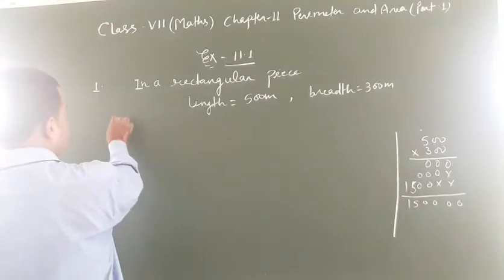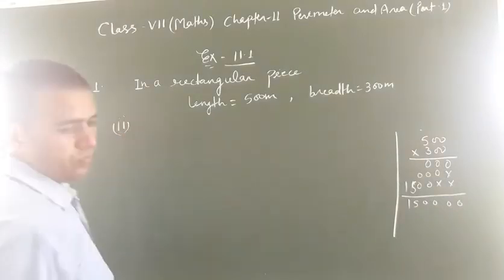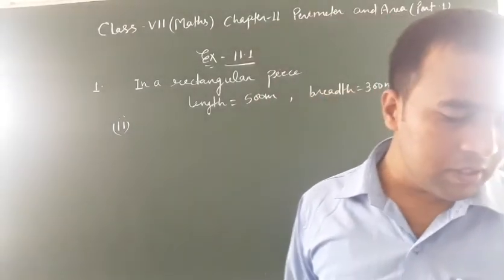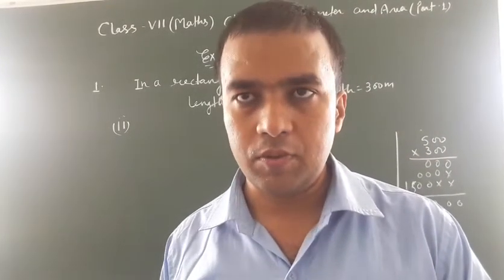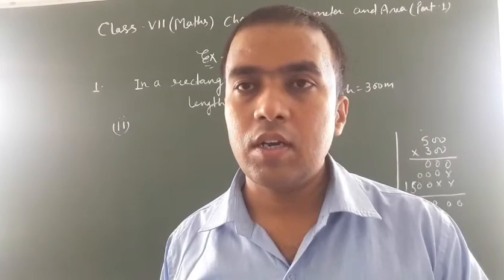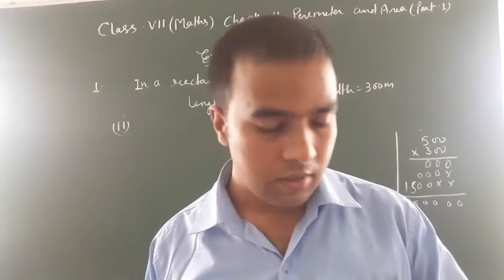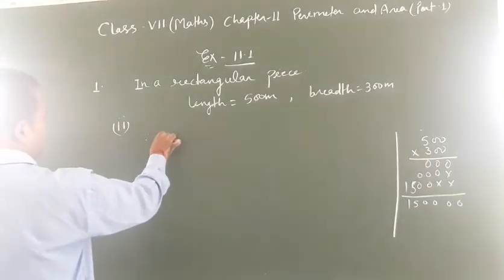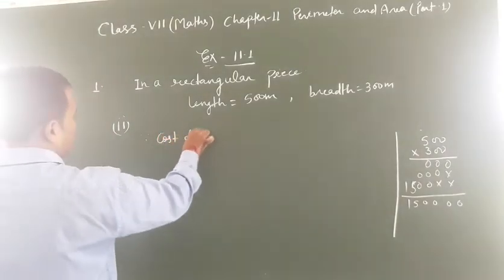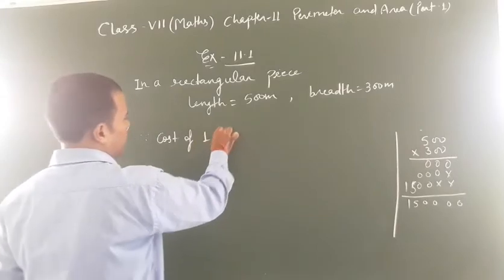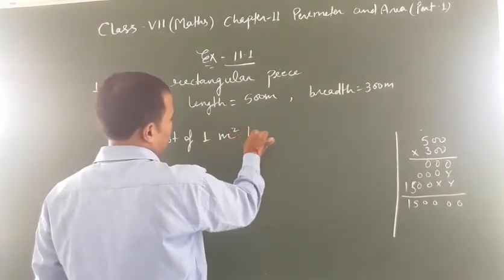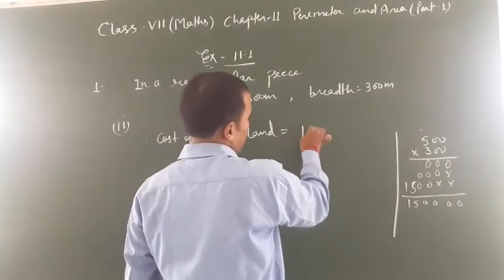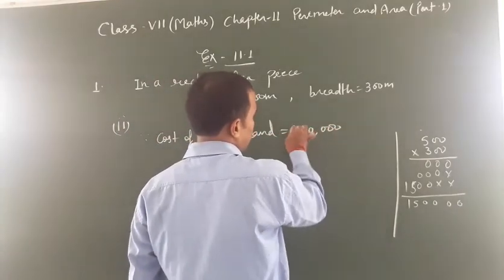Second part. Cost of 1 meter square land equal to 10,000 rupees.